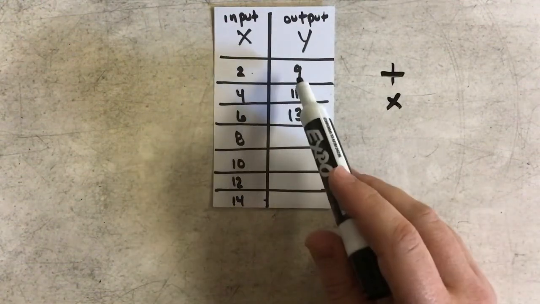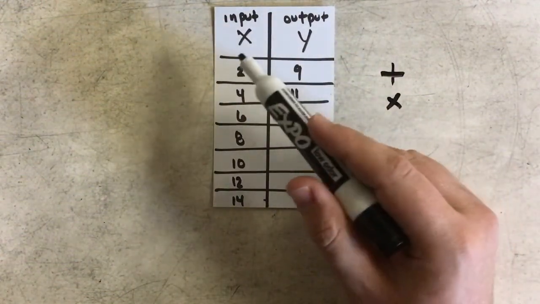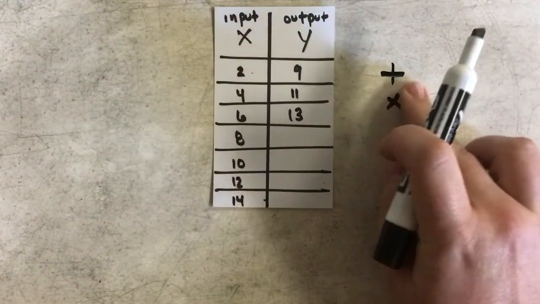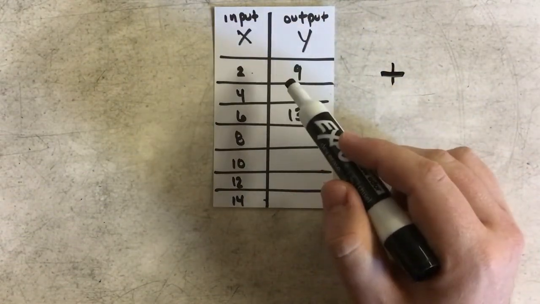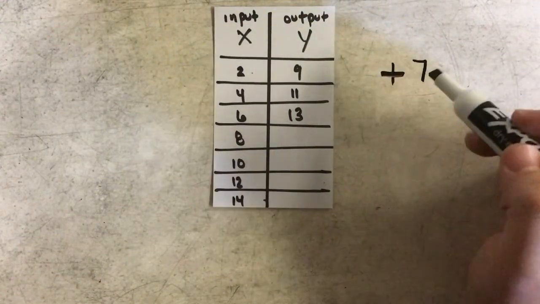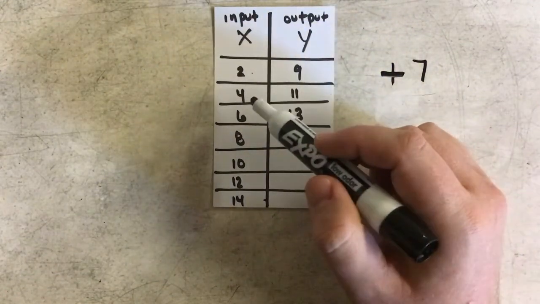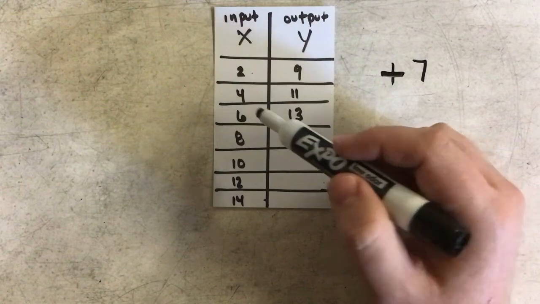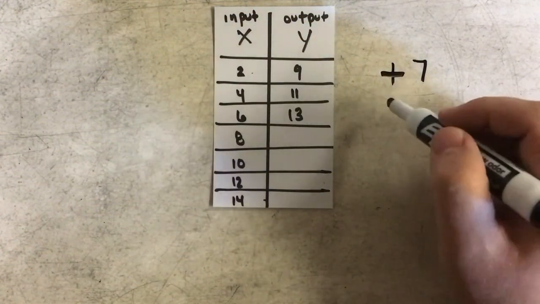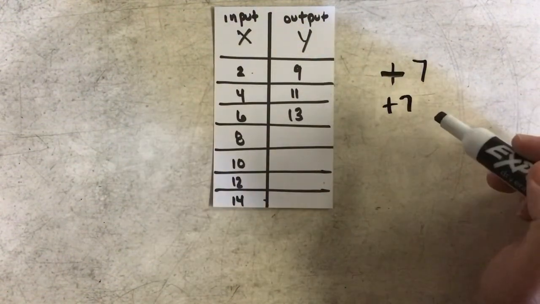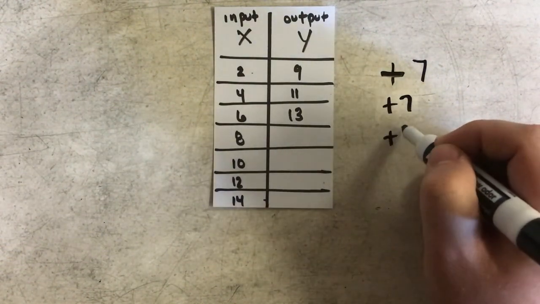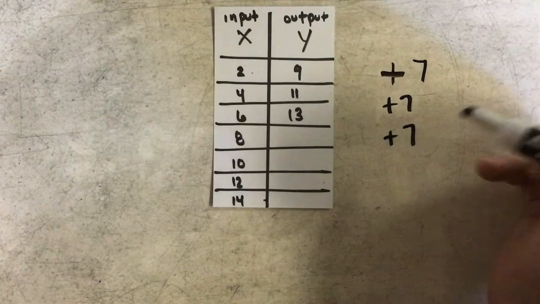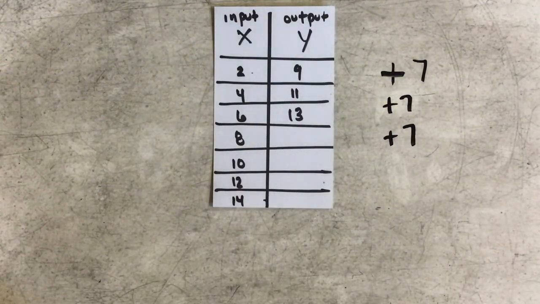So from 2 to 9, I can't multiply 2 by anything to get 9, so it must be an adding rule. In this case, 2 plus 7 would give me 9. So I'm going to check that for the other given numbers that I have. 4 plus 7 would also give me 11. 6 plus 7 would give me 13.